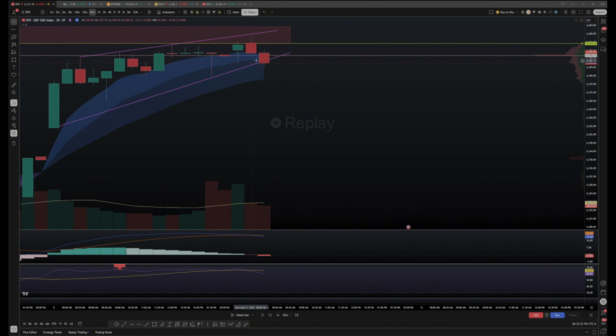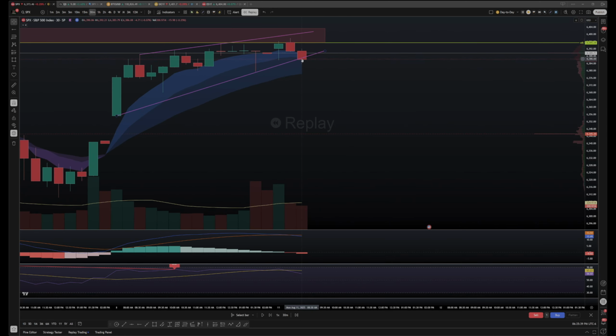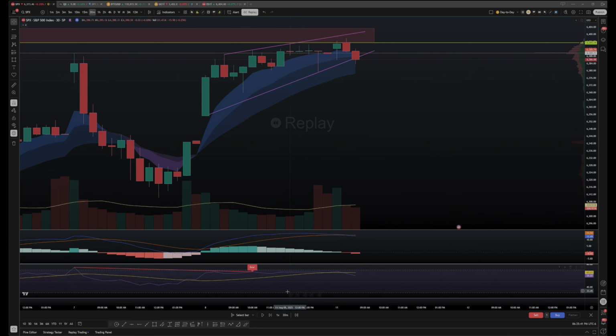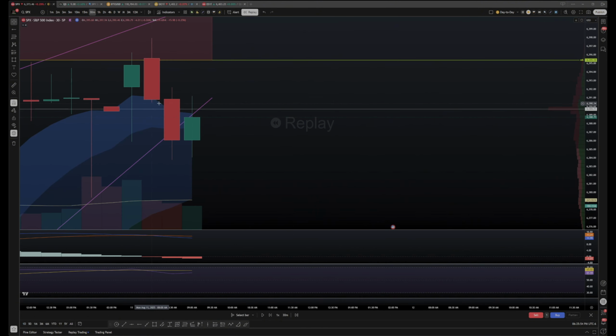And so this break right here was a little too early in the day. I just didn't feel comfortable with it. But this break could have been something that you play. But let's see what happens here. See what we did there is it broke. It immediately came back up. And what did it do right where it rejected here?